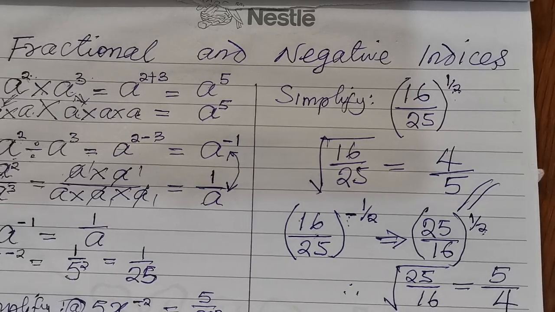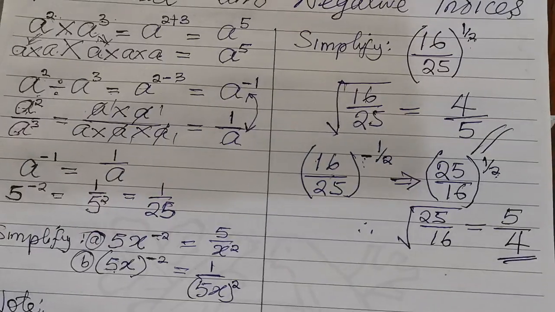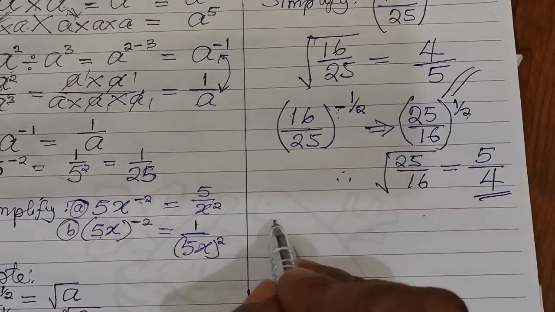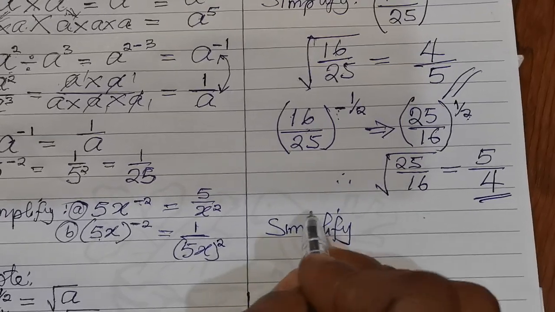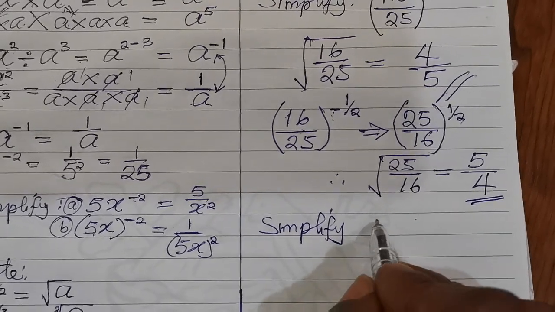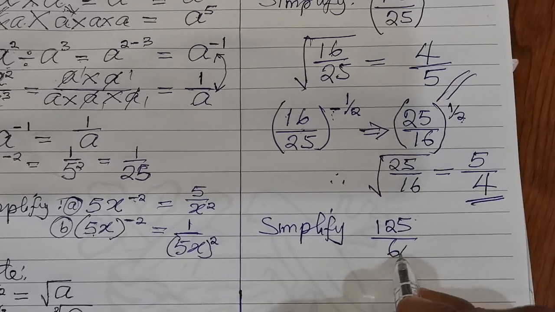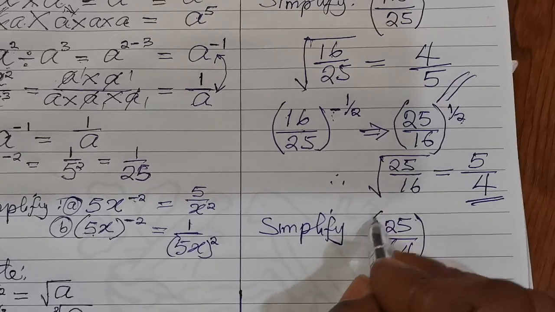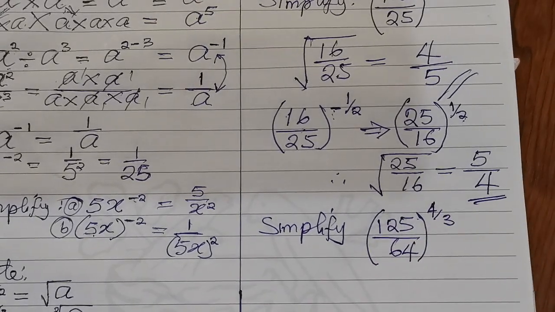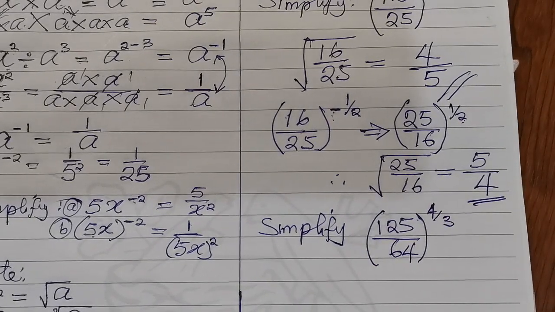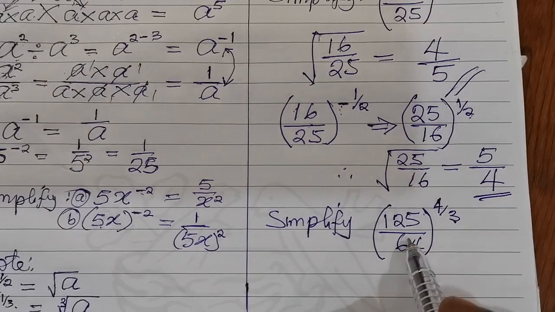Okay, in the same way, let me give one more example. If we are asked to simplify 125 over 64 raised to the power 4 over 3, in this case, the denominator is the root.